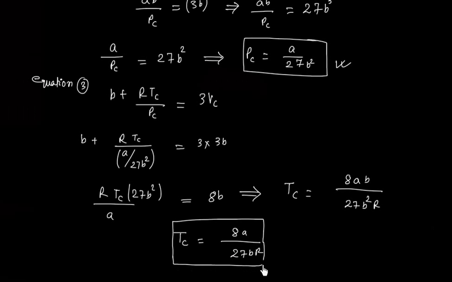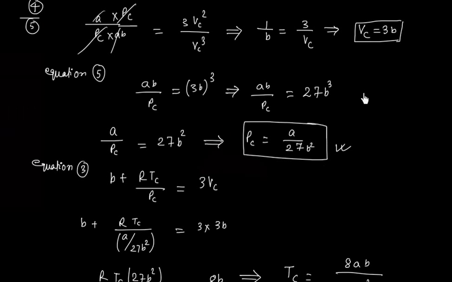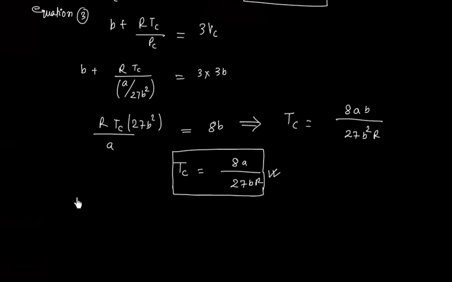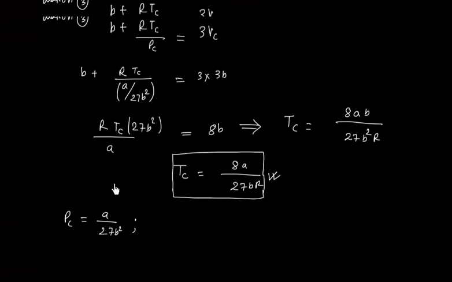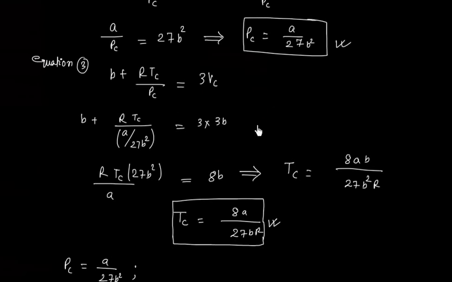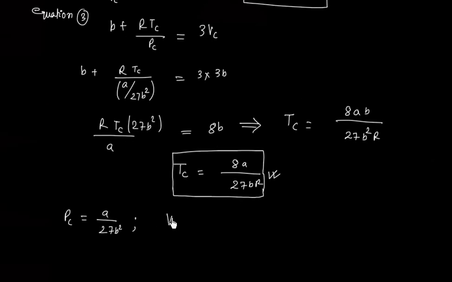So we have three critical constants in terms of Van der Waals constants and gas constant R, Pc, Vc and Tc. So Pc is A by 27b square, Vc is 3b and Tc is 8a by 27bR.